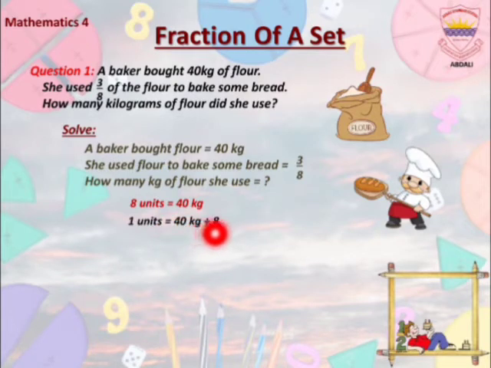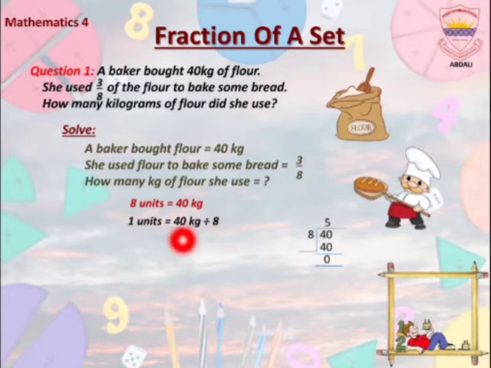We divide our given number, that is 40 kg, by 8 units of denominator. We get our quotient 5 kg.